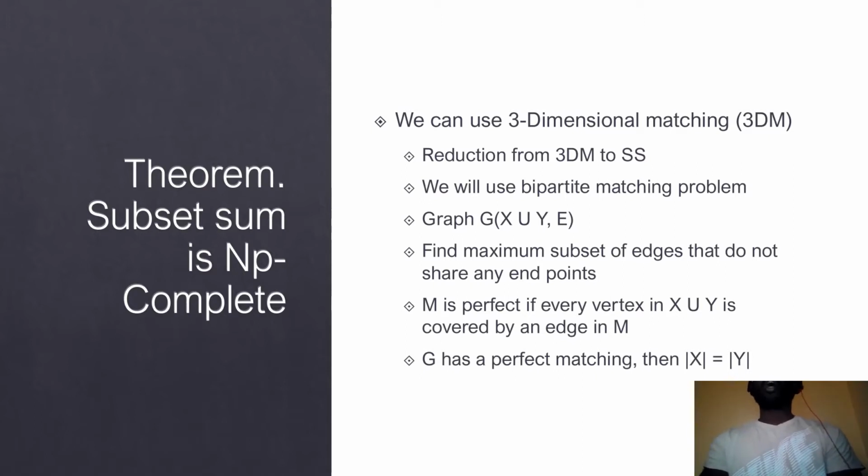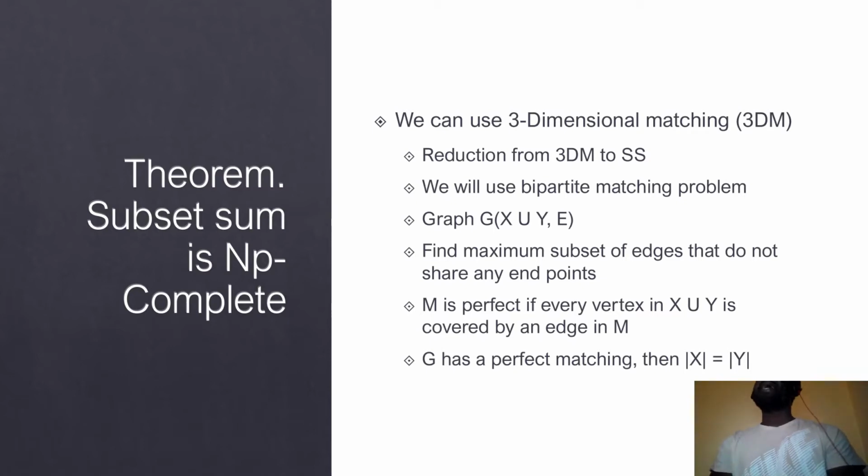I'm just going to talk about the bipartite matching problem, where we are given a bipartite graph G of X union Y, and we want to find the maximum subset of edges that do not share any endpoints.